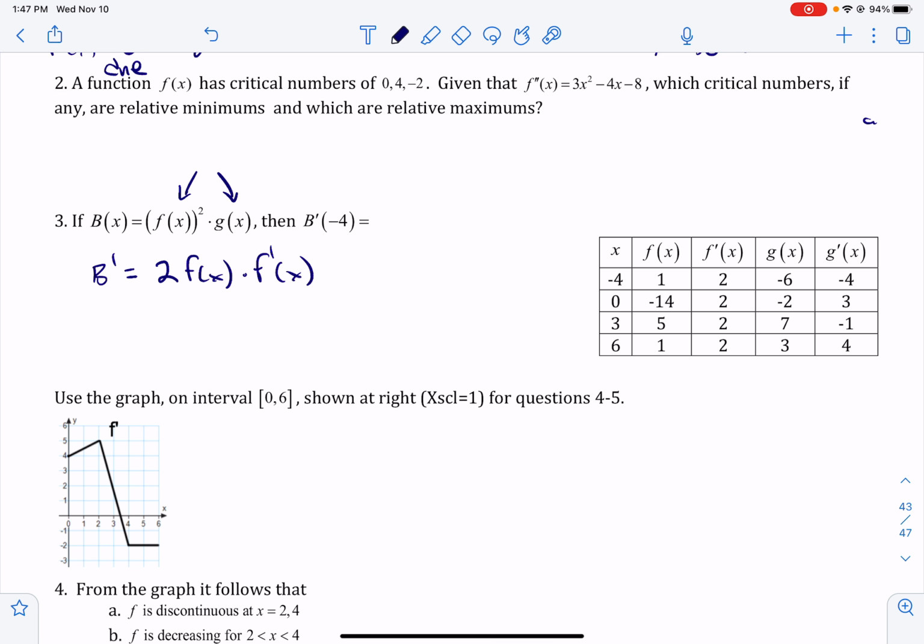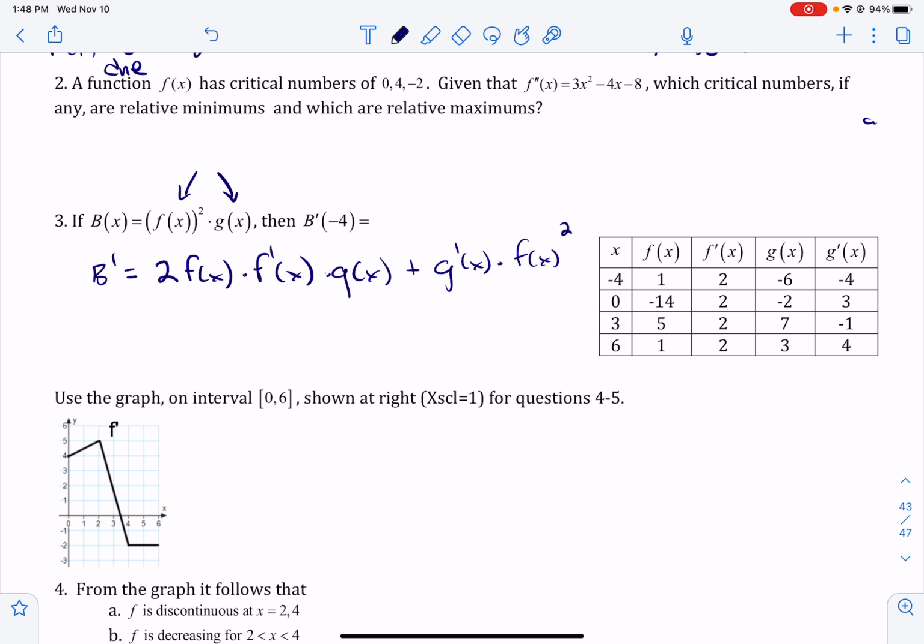Don't forget the chain rule. So there's a lot getting multiplied right there. Plus, the derivative of g is g prime of x multiplied by the original f of x squared.